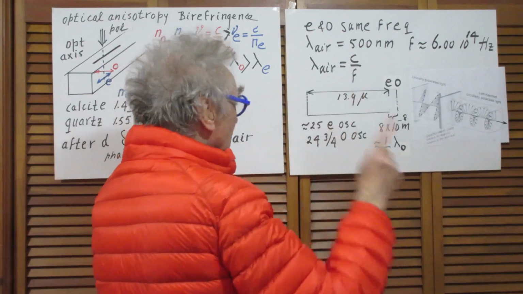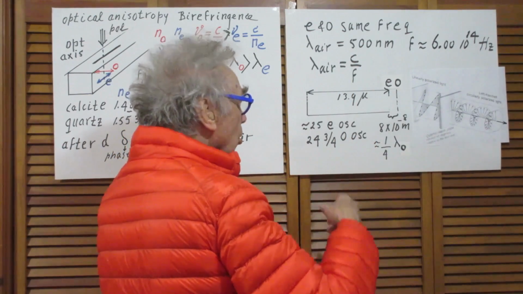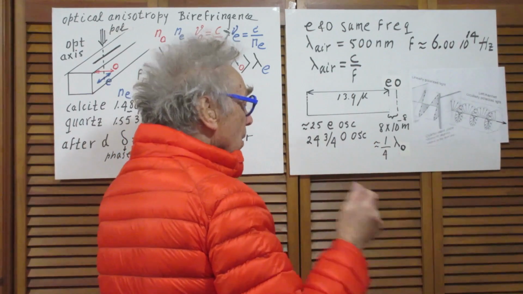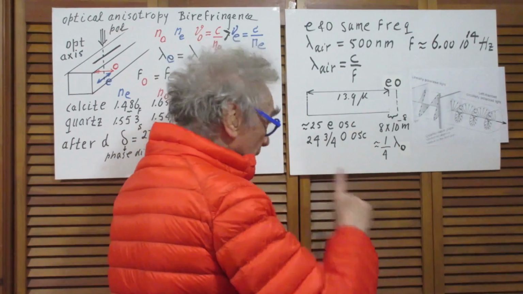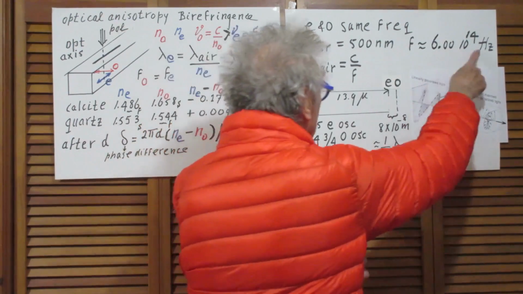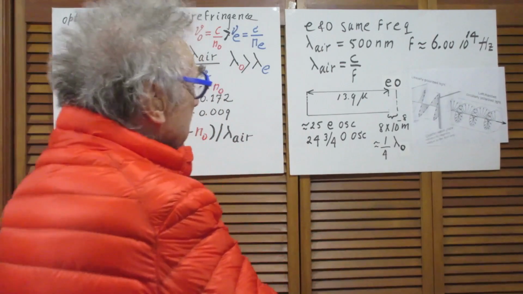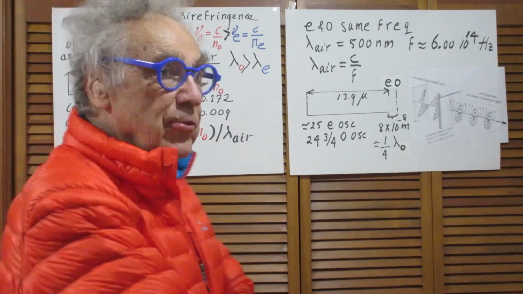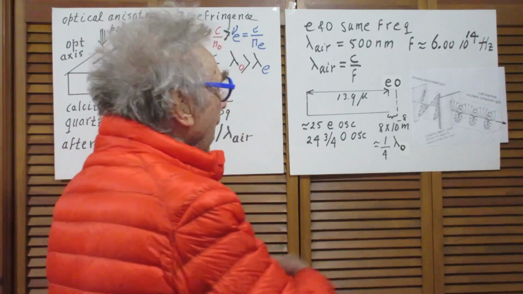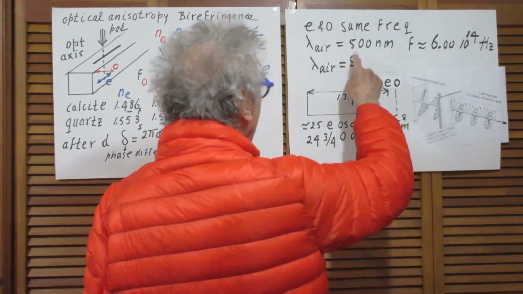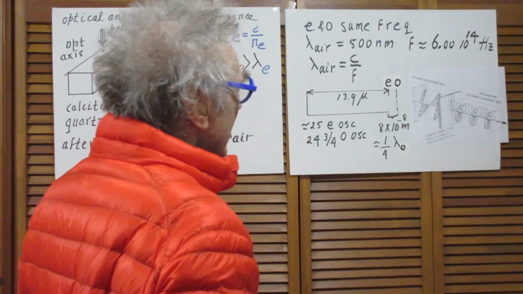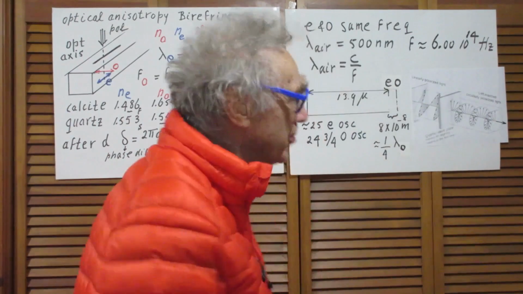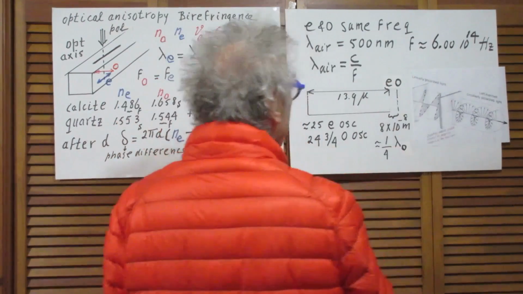When the light gets into the polarizer or the birefringent material, wavelengths may change, but frequencies don't. So the frequency is about 6.00 times 10 to the 14th. I say approximately because I took for c 3 times 10 to the 8 meters per second, and it is not exactly 3 times 10 to the 8 meters per second.